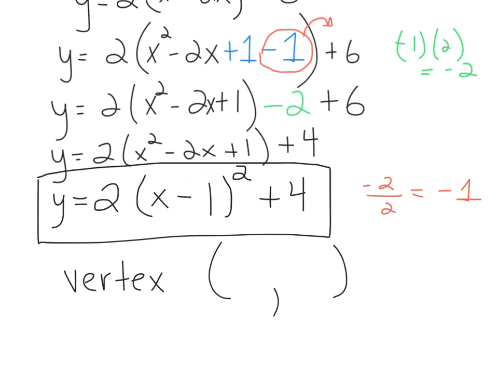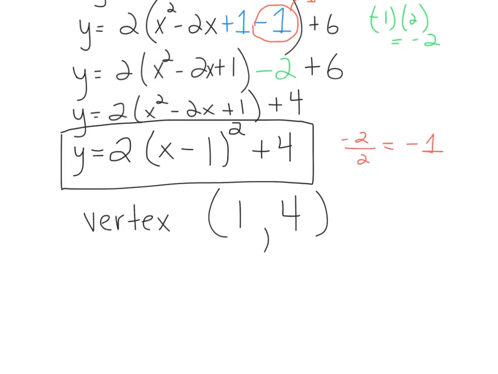However, when you report it in your vertex, you're going to report it as a +1. The second half of your vertex, the y value, that comes from the k value from your vertex form equation. So our k value is a +4, and you report it as a +4. So the vertex for this quadratic equation is located at 1 and 4.